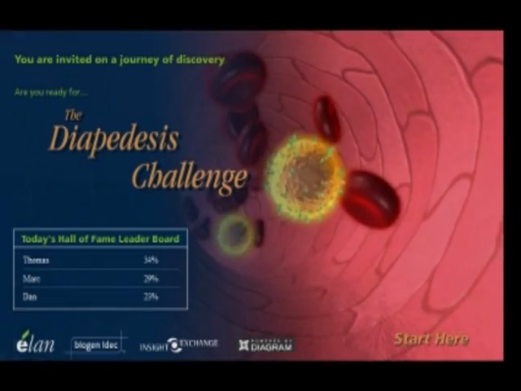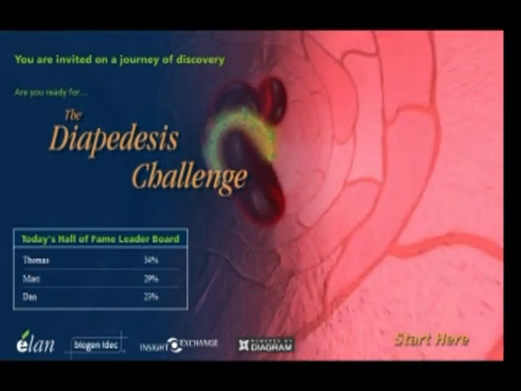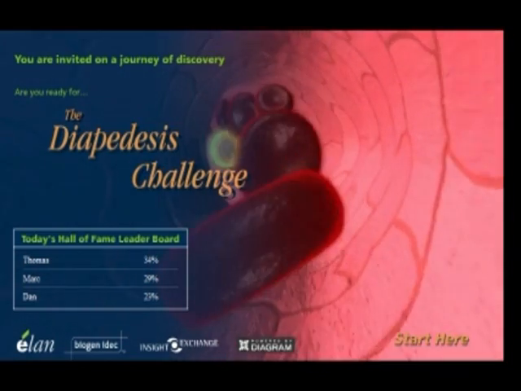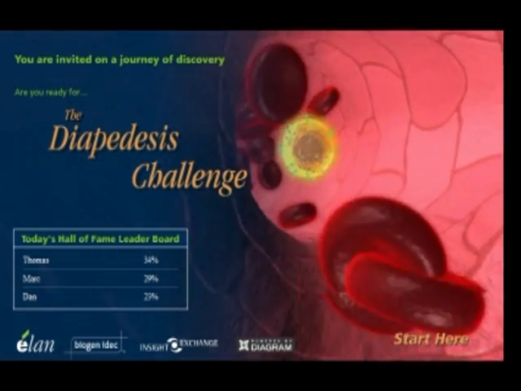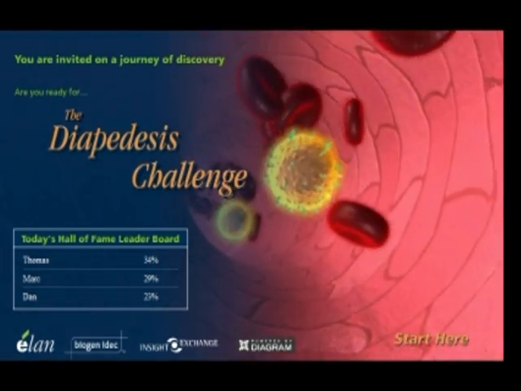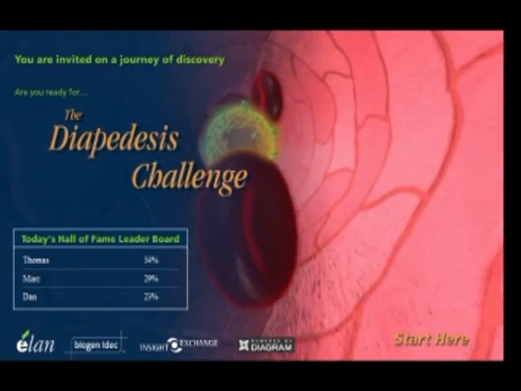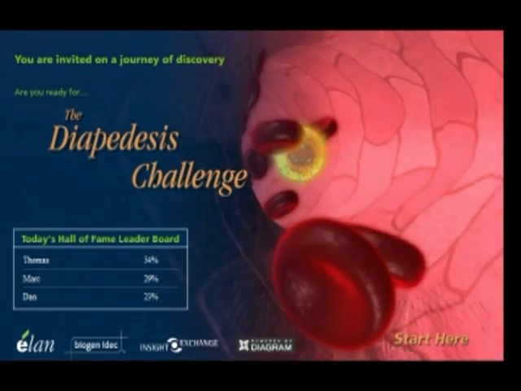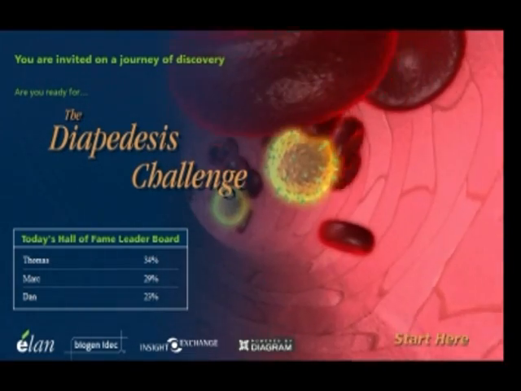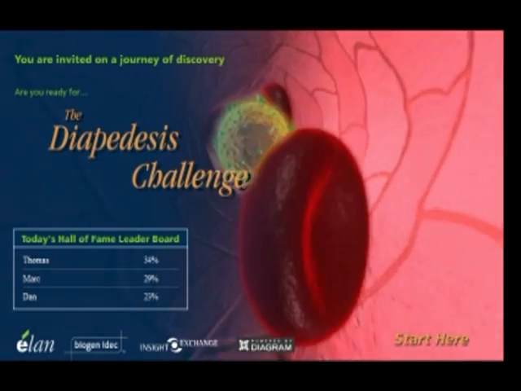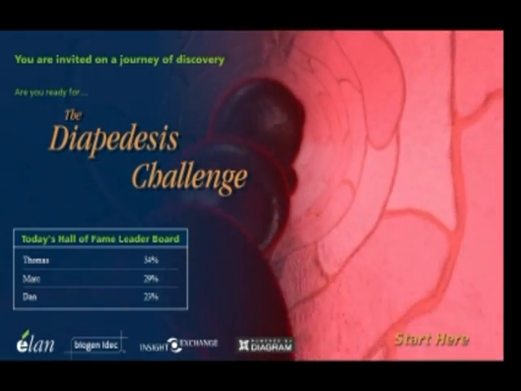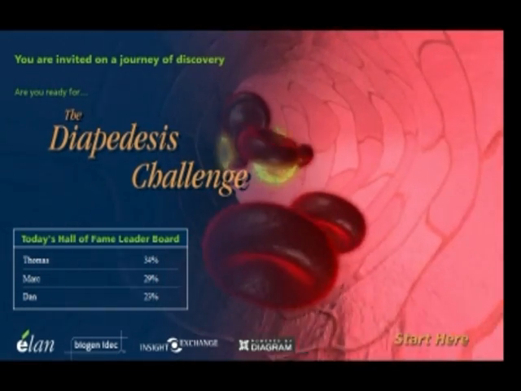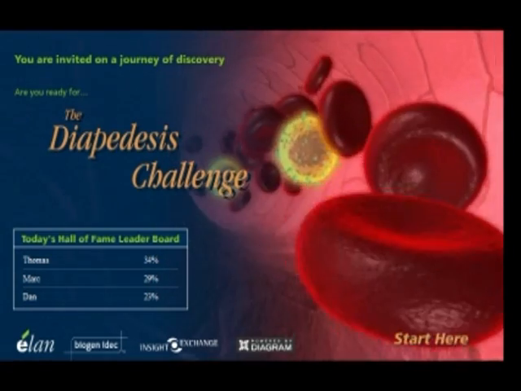What I'd like to show you here is a game that was created in conjunction with a mechanism of action animation for an adhesion molecule inhibitor. This was shown at DDW in 2005, and the game is a Flash game and was produced with the help of a partner that we have, Group DCA.